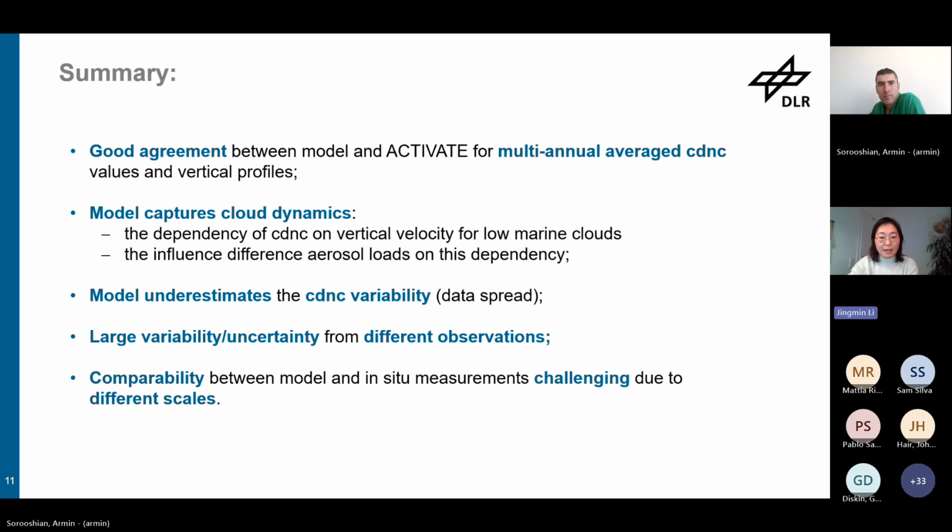The model captures the cloud dynamics, but this coarse-resolution model underestimates the CDNC variability. At the same time, we also see large variability and uncertainty from different observations. And we also see the challenge in the comparability between model and in situ measurement due to different scales. That's all. Thank you.